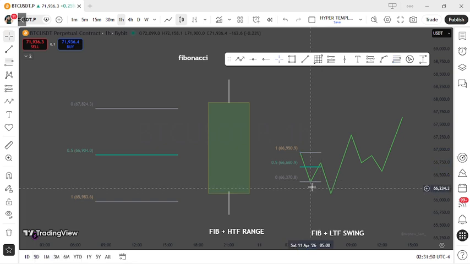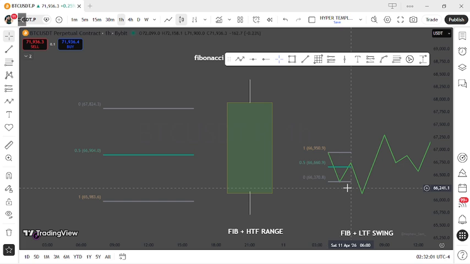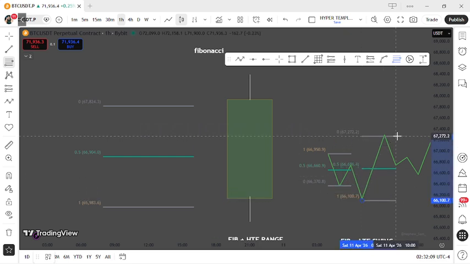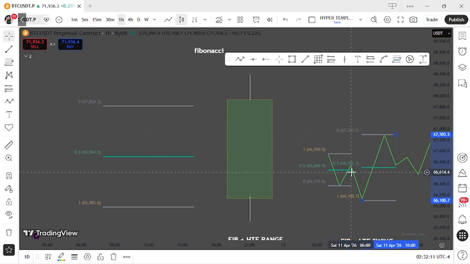So if I'm bearish, I'm waiting for price to come back to the midpoint before I sell to the other end of the Fibonacci too. Okay, so on the lower time frame, you will be seeing Fibonacci on every price swing. That means swing highs and swing lows. That is how you can basically use your Fibonacci in the lower time frame.